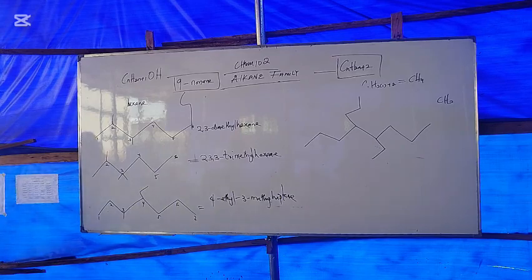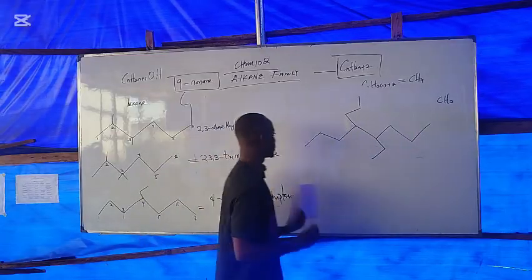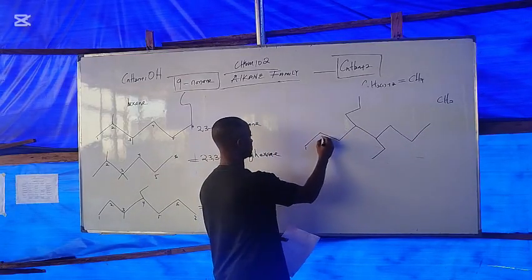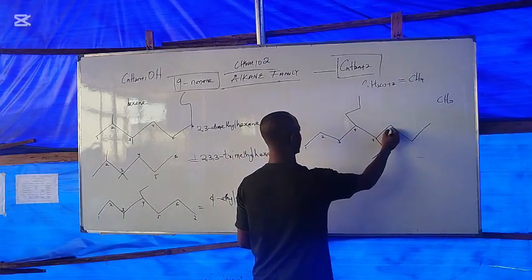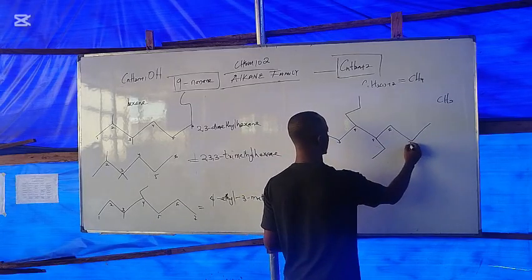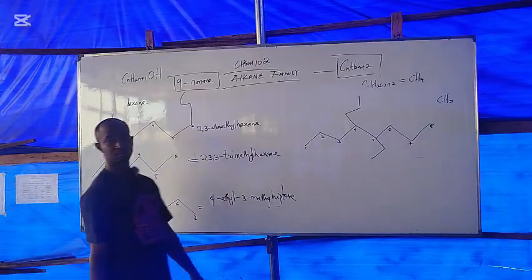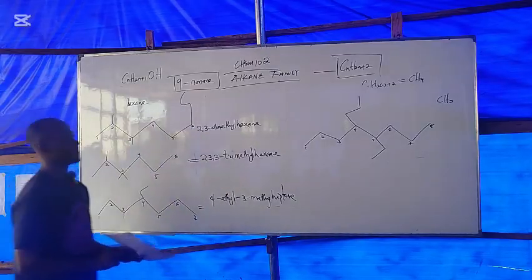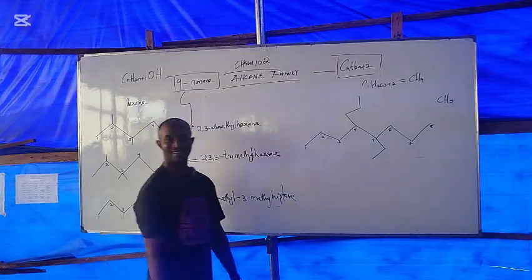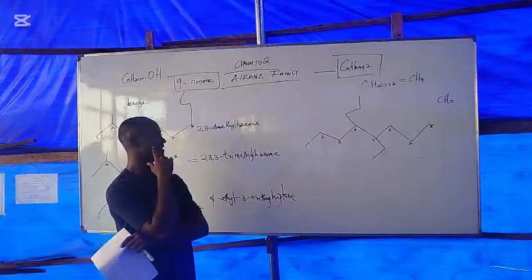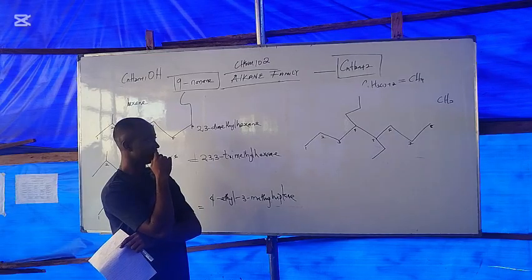What's the parent's name? This way, right? Okay. So let's watch. 1, 2, 3, 4, 5, 6, 7, 8, right? So what's the name of the compound? These two, are they the same? 4 and 5.